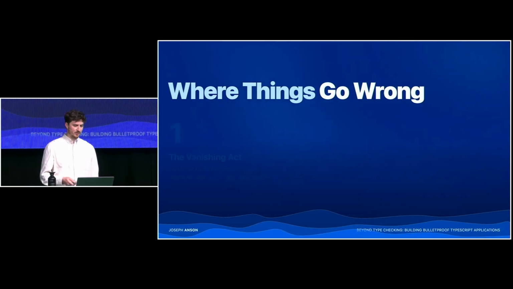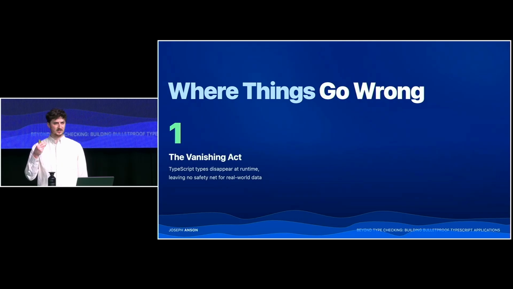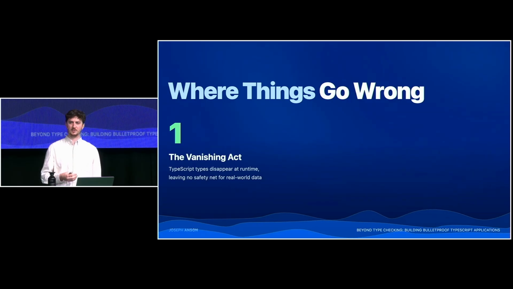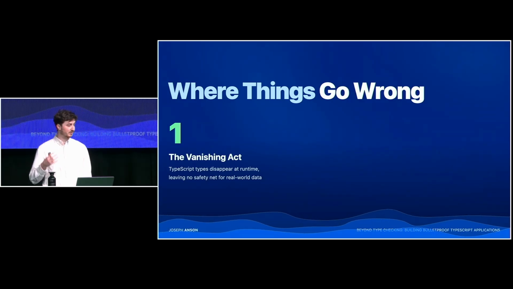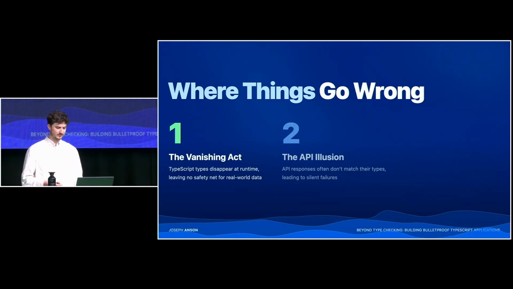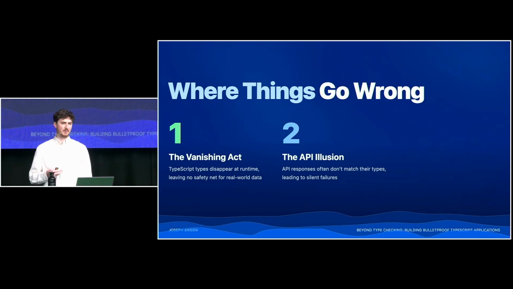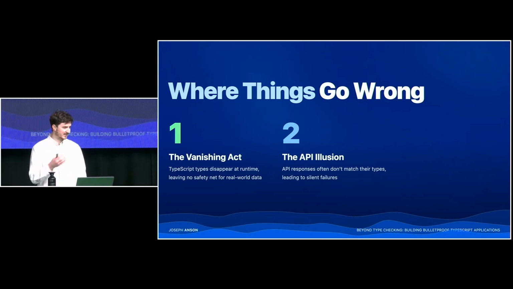So where did things go wrong? Well, unfortunately, the vanishing act of TypeScript is that all our TypeScript types get removed when the application is compiled. So we no longer have any type safety with real-world application data. Secondly, there's an illusion around APIs, and we always kind of believe that APIs return the data that we're expecting.